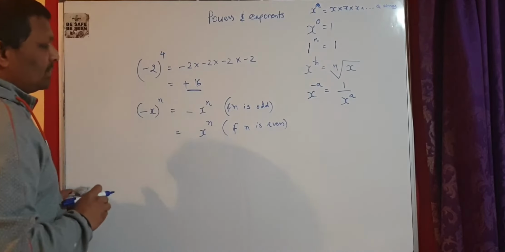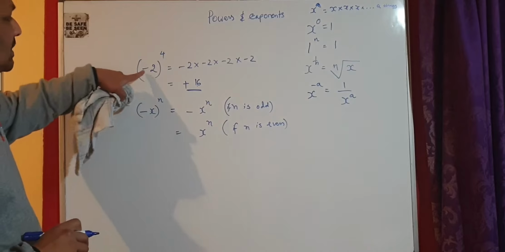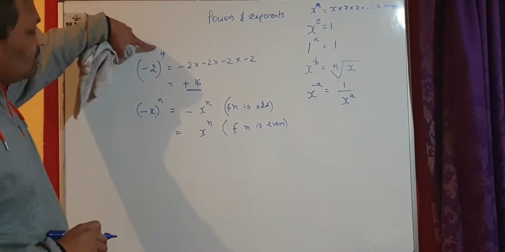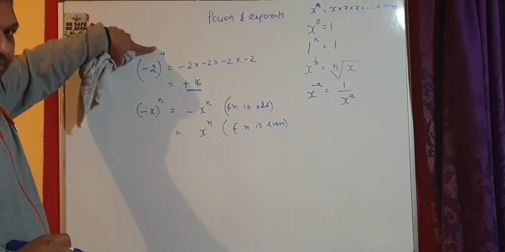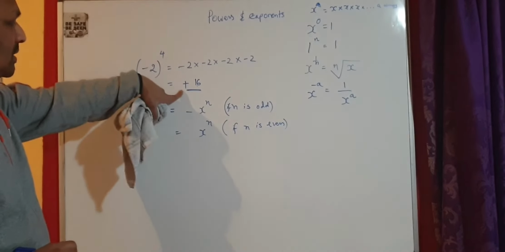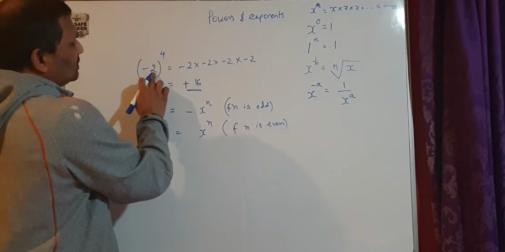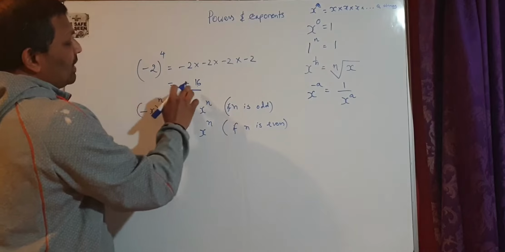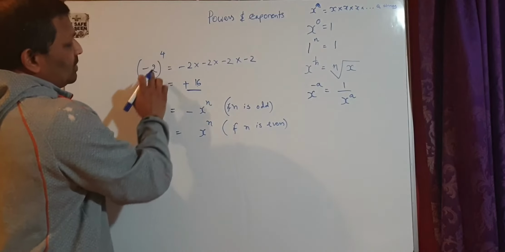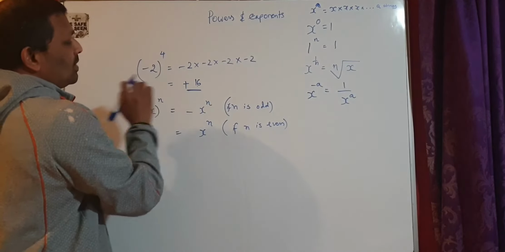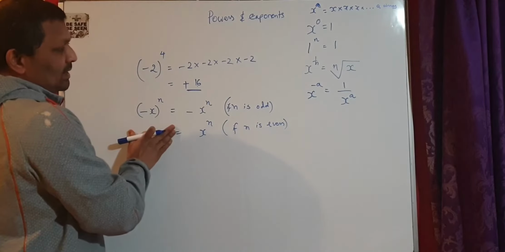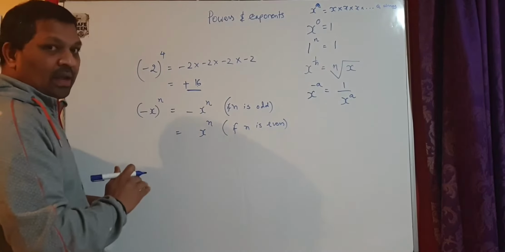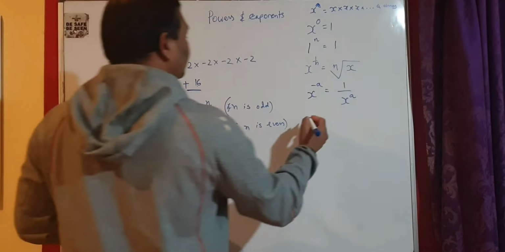The answer is 16. So a negative number raised to an even power gives a positive number, and its value is 2 to the power of 4 only. 2 to the power of 4 is 16, and you get a positive number here. So this is another identity which you have to remember.